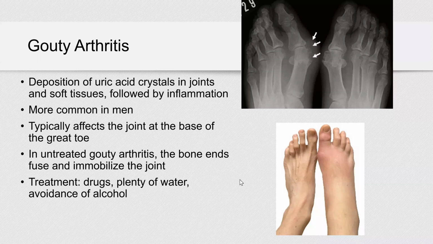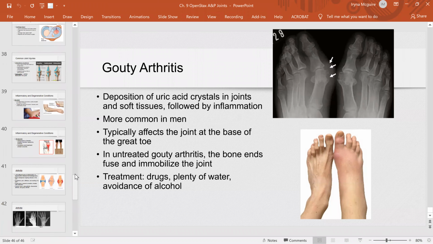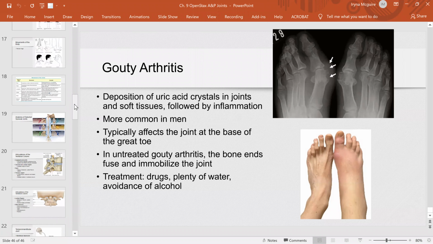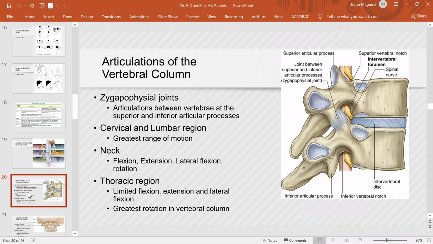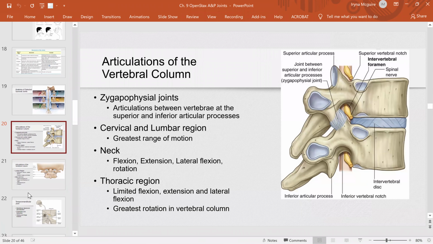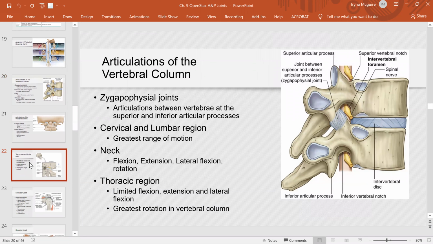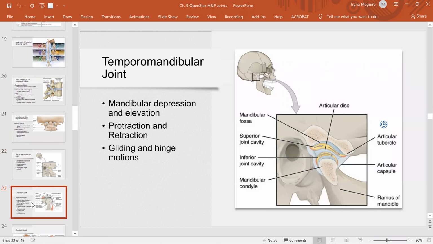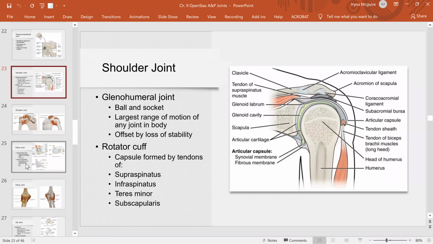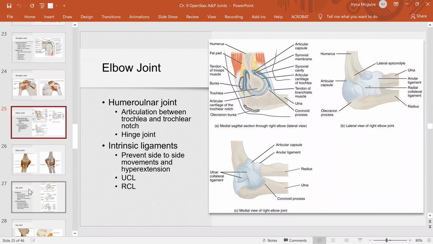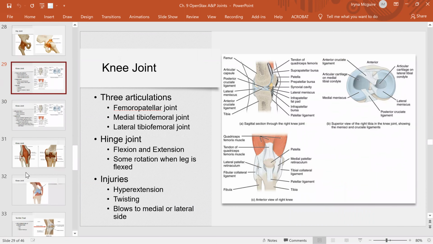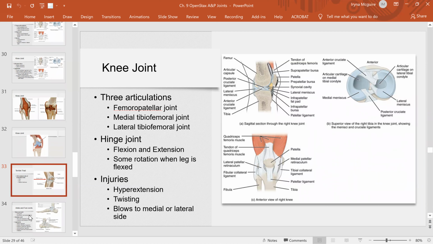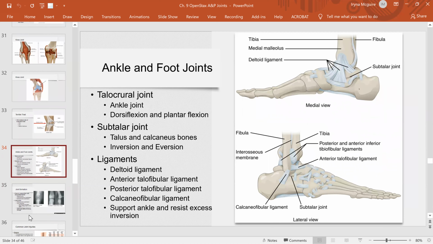So that's our last slide. Let's do a very quick review of what we covered within this lecture. We looked at the anatomy of selected synovial joints, and we started with the articulations in the vertebral column, temporomandibular joint, shoulder joint, elbow joint, hip joint, our complicated knee joint, and also ankle and foot joints.